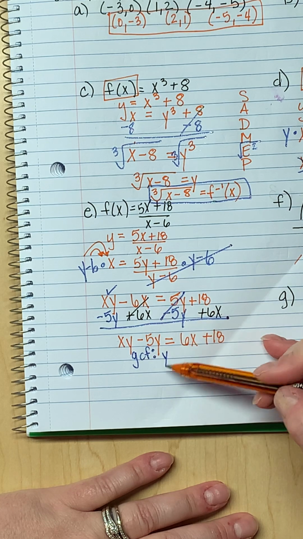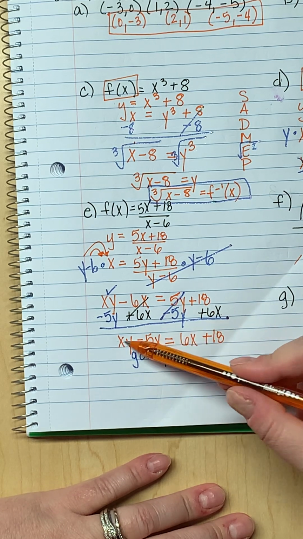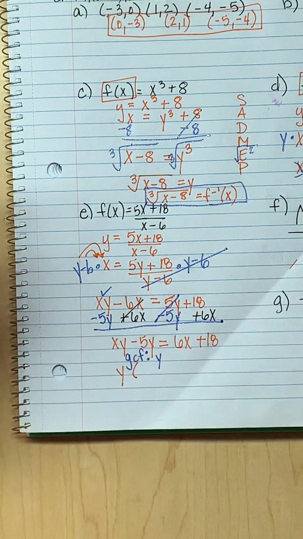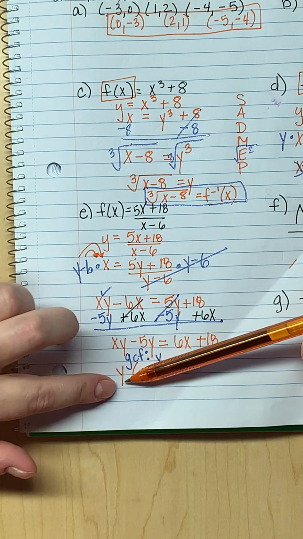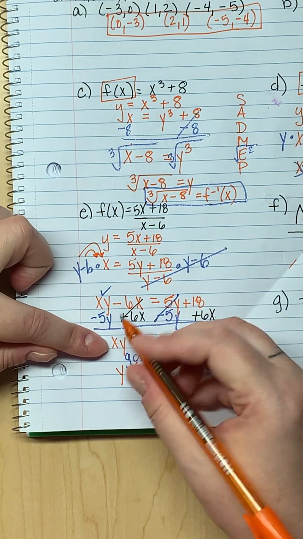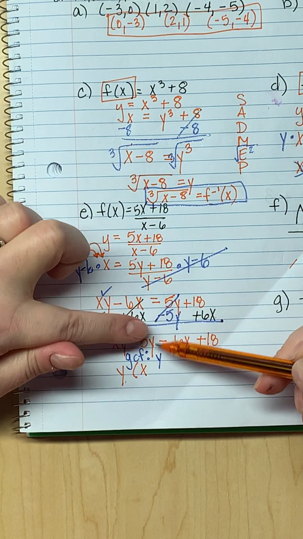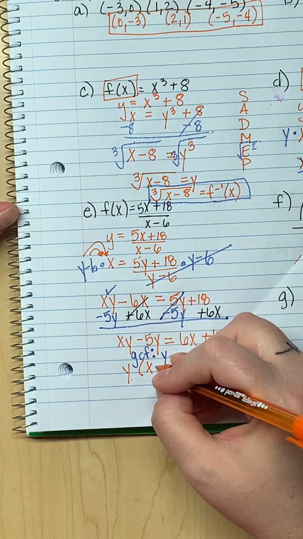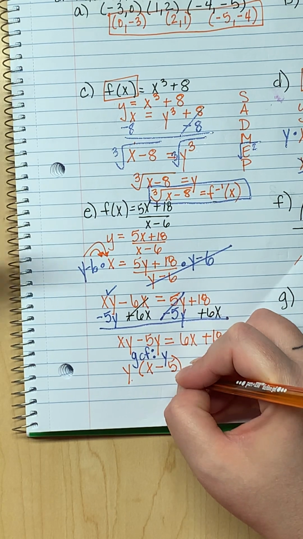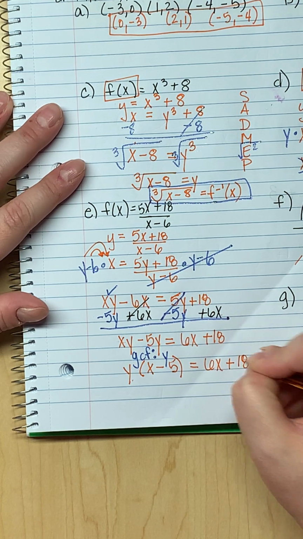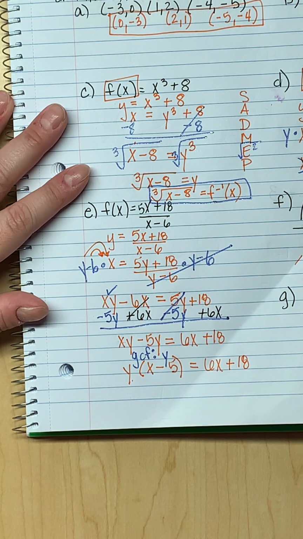So my GCF, we're going to say is y because it's on both of these terms. So we get y, open parentheses. What times y gives me xy? X. What multiplies with this y to give me minus 5y? Minus 5. Equals 6x plus 18.